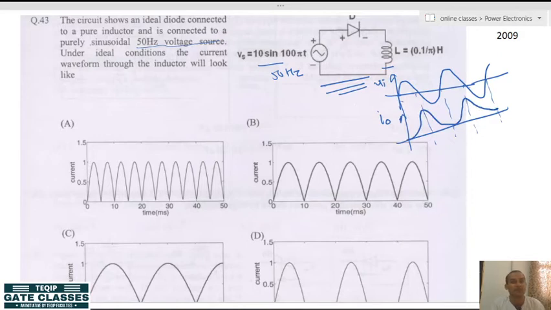If you plot a 50 hertz sine wave in terms of time, it will be 0, pi, and for 50 hertz it will be 0.01 second, then 0.02 second, or in milliseconds it will be 10 millisecond, 20 millisecond, 30.